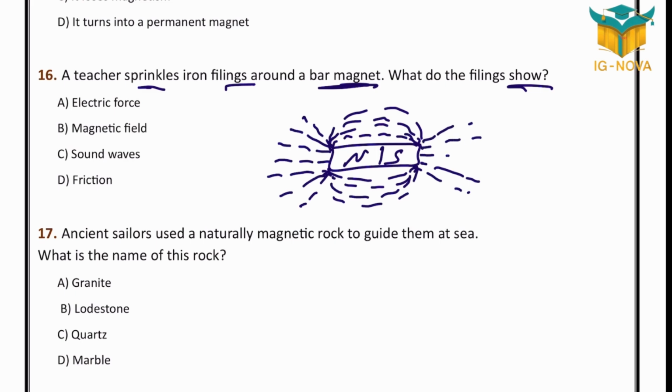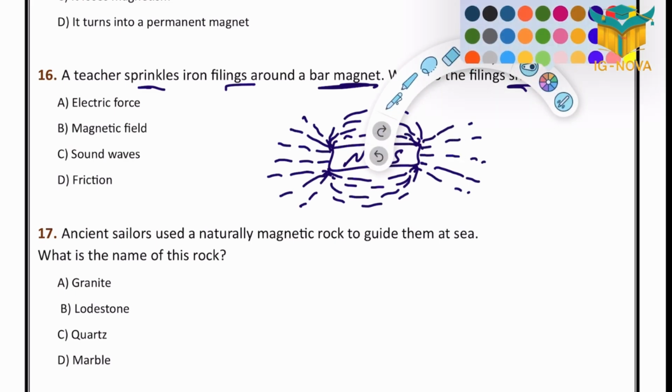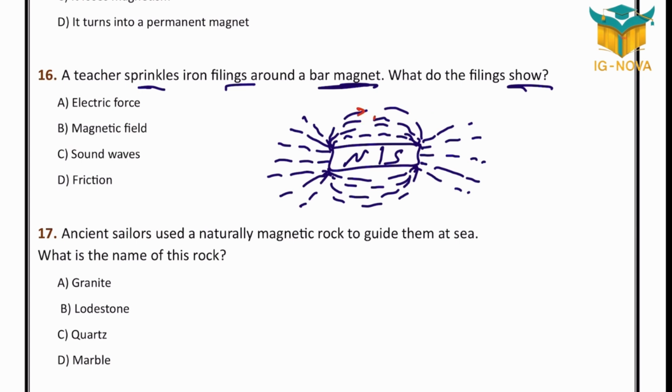And don't forget the direction. It must come out of north, enter south in all directions, and magnetic field lines enter the south pole. So it's going to show the magnetic field, but you need to remember this.